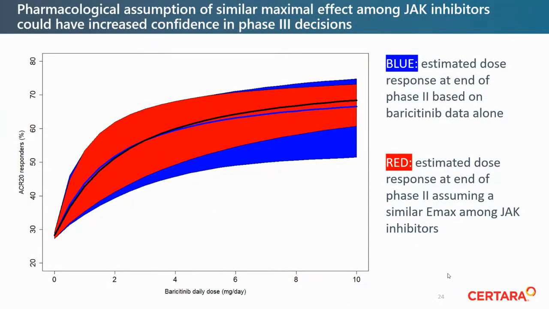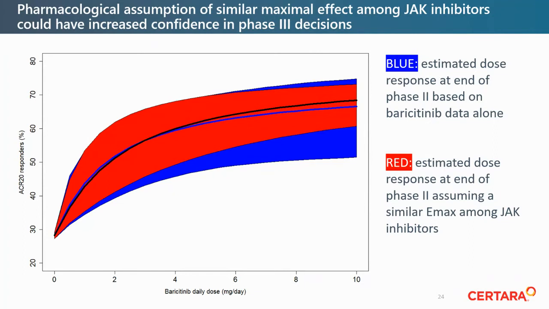One of the questions I had is, could I have made an additional assumption to better understand the dose response? The solid blue line with the area was our estimated dose response relationship, just based on the phase 2 data from baricitinib alone, without making any additional assumptions.